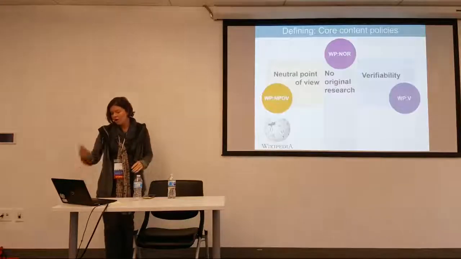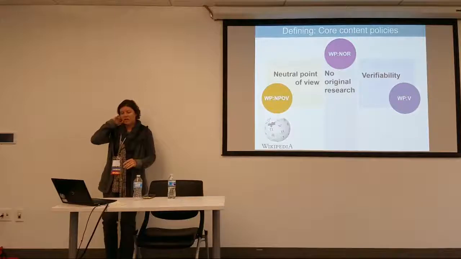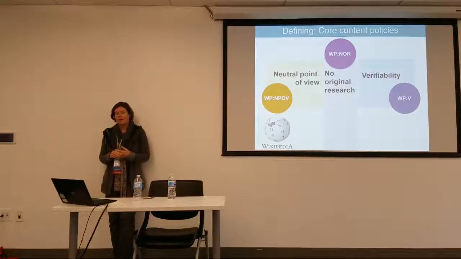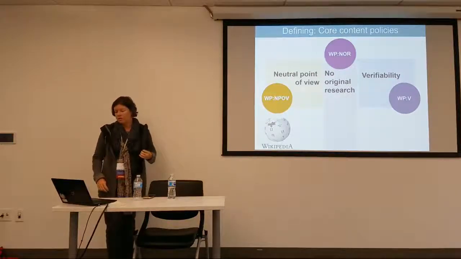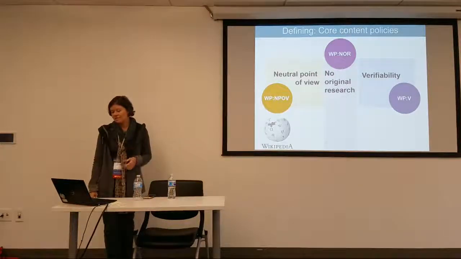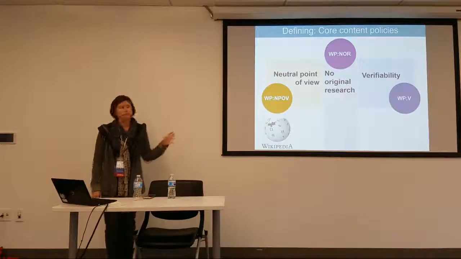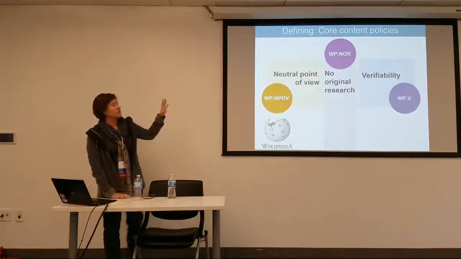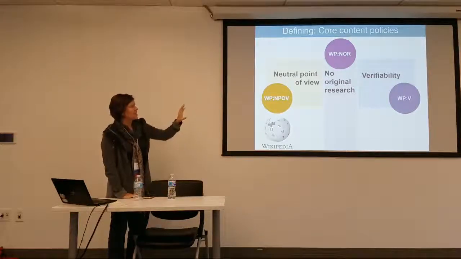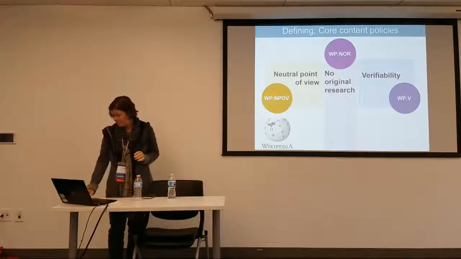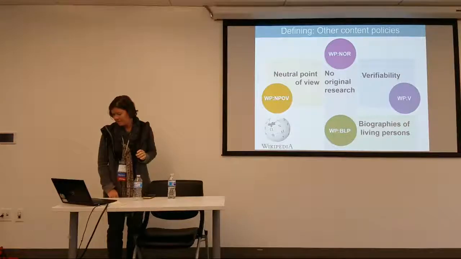Okay, anyhow, before we finish up, we're going to get into these core content policies and how this goes into article assessment. So we've got neutral point of view, no original research, which we talked about earlier with the primary sources, and verifiability, which we're going to jump into.